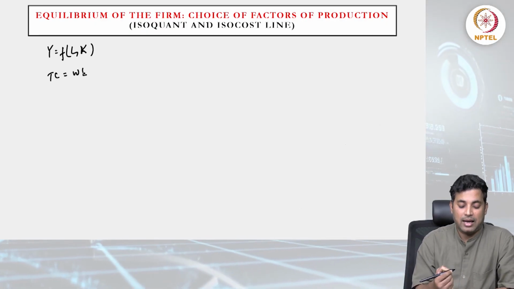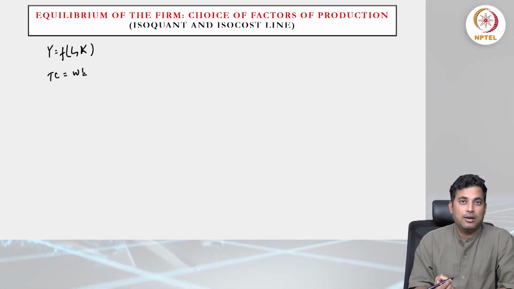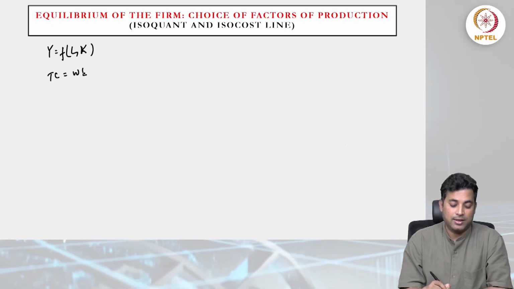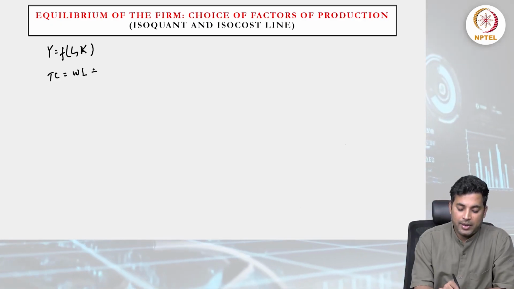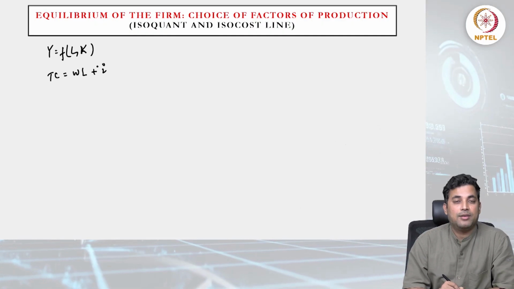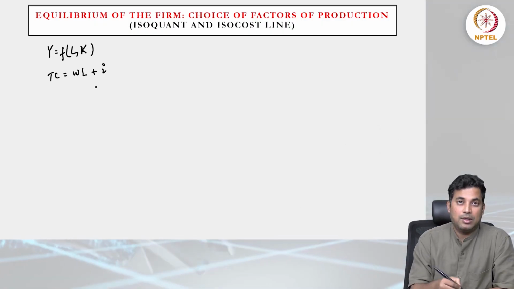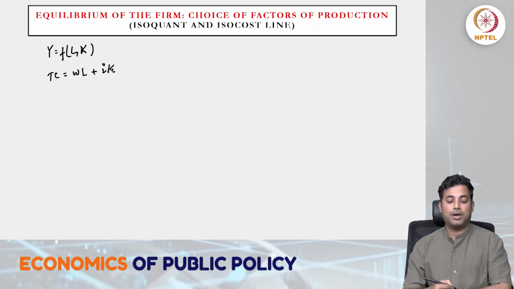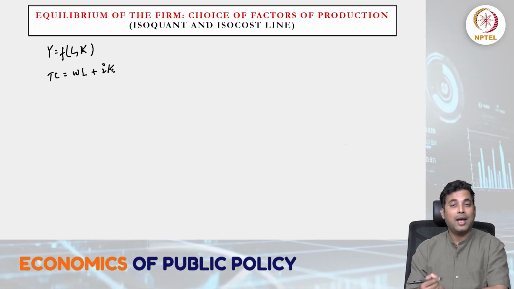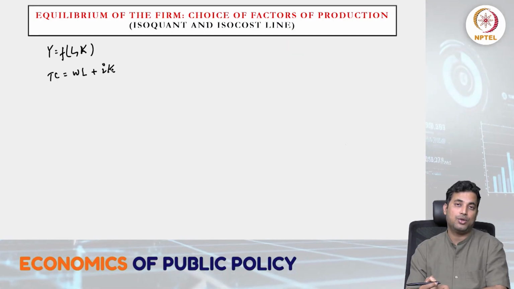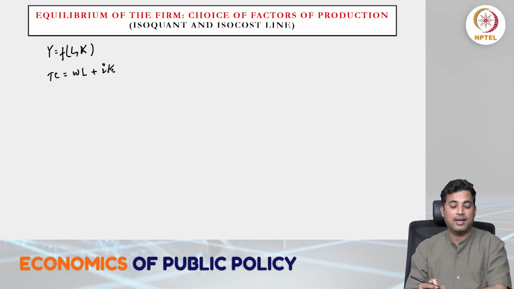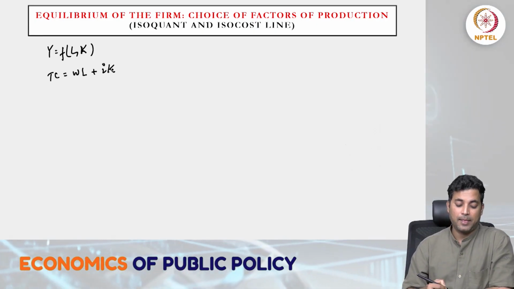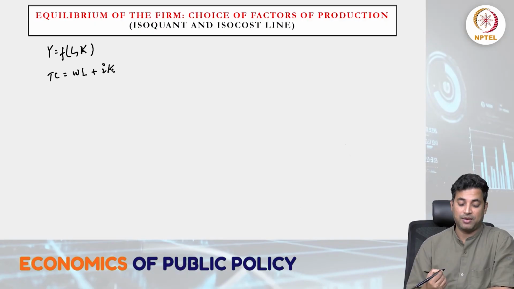So WL is the total amount of cost going towards labor hiring, plus small i is the rate of interest on the total capital that is borrowed. So WL plus iK is the total cost towards L and K, if we are considering only L and K, two variables as factors in the production function.